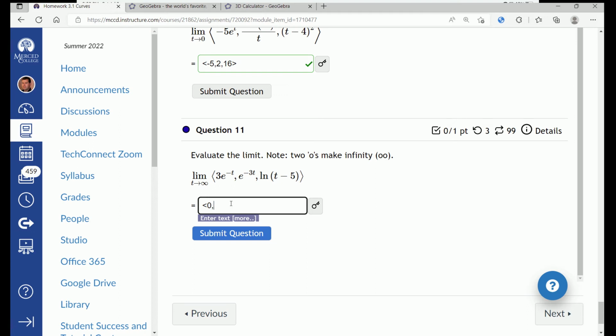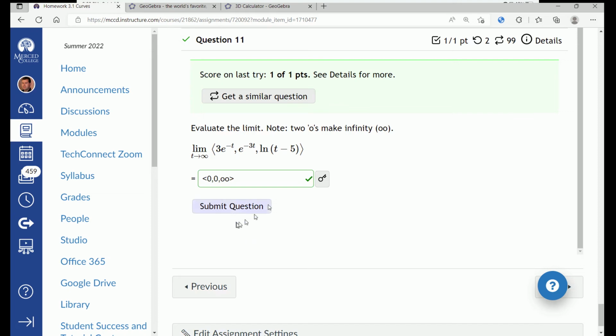The second one, also e to the negative infinity, is also 0. Then you have ln infinity, and ln infinity is infinity. So 0, 0, and then infinity, because they said 2 O's make infinity. I hope this is going to be correct. If not, we'll get the infinity symbol. No, that's what it wanted. Okay.